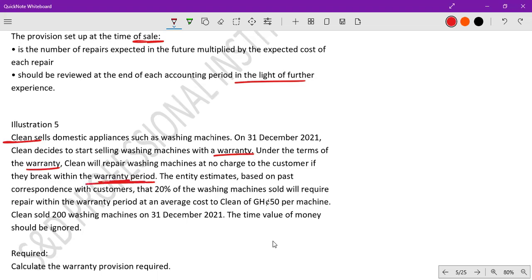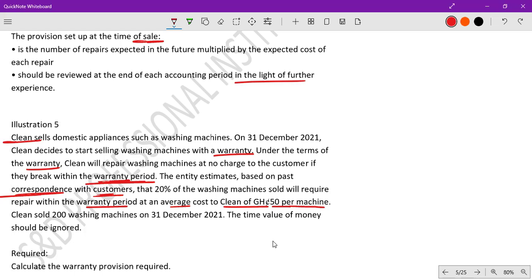The entity estimates, based on past correspondence with customers, that 20% of the washing machines sold will require repair within the warranty period at an average cost to Clean of 50 Ghana cedis per machine. Clean sold 200 washing machines on 31st December 2021. The time value of money should be ignored.